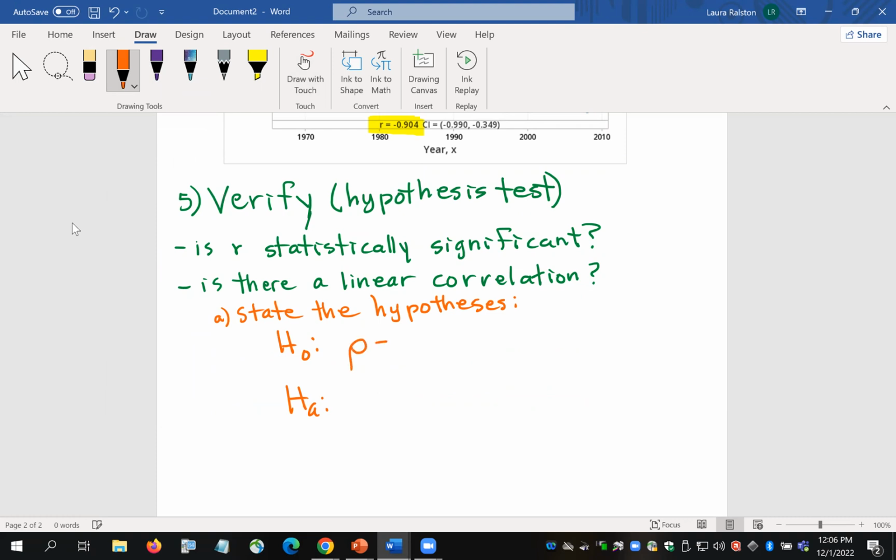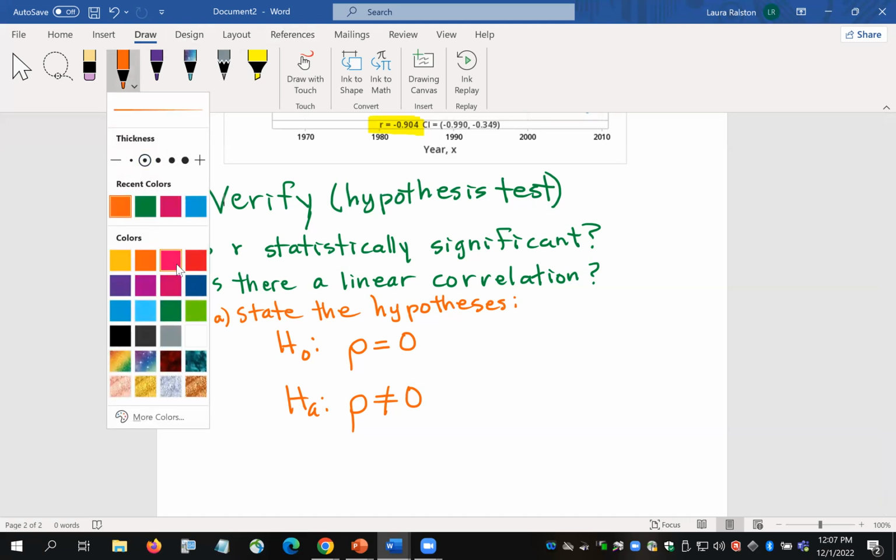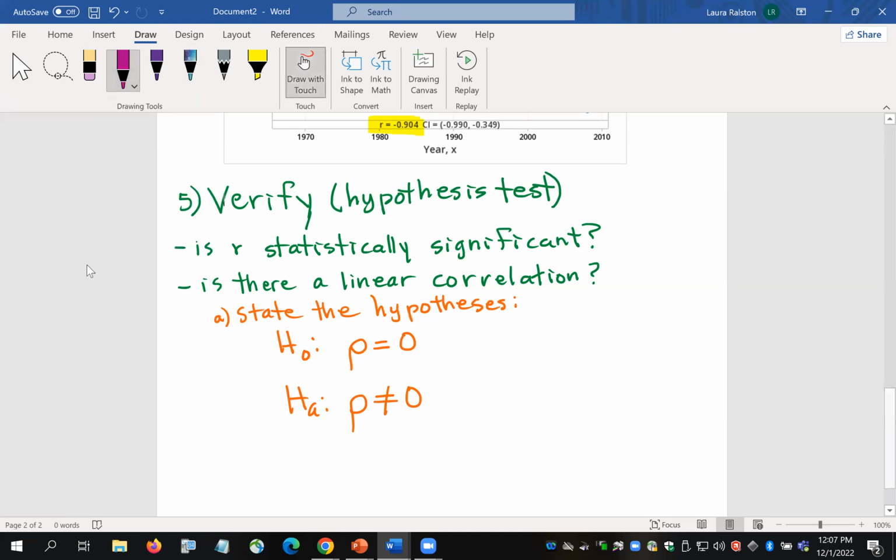Rho would equal 0, and rho would not equal 0. And that's really what you would write, or what you would choose if you're looking at the multiple choice questions on your test. However, you do need to understand what that means.